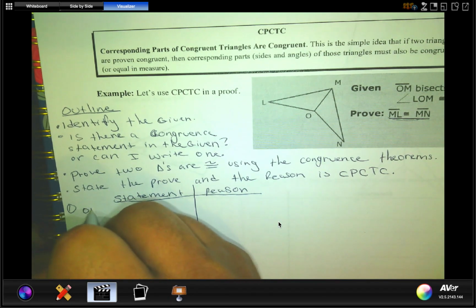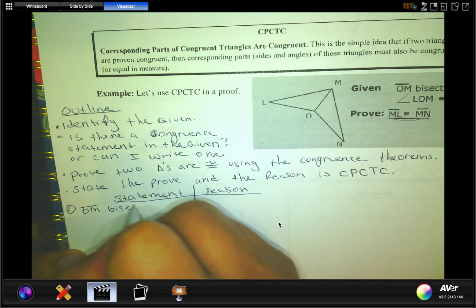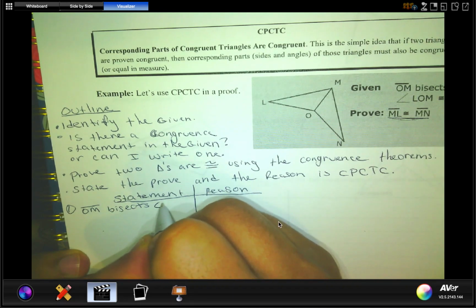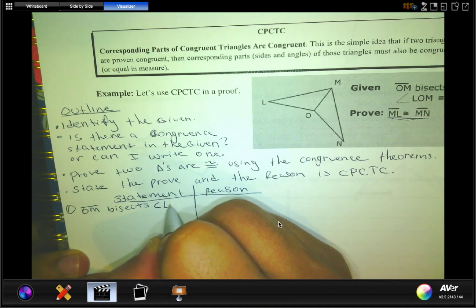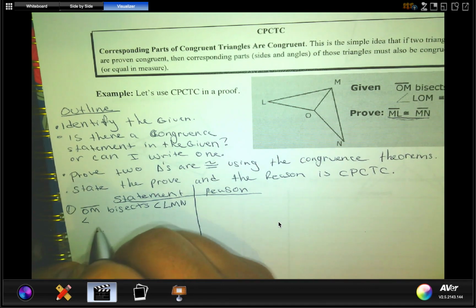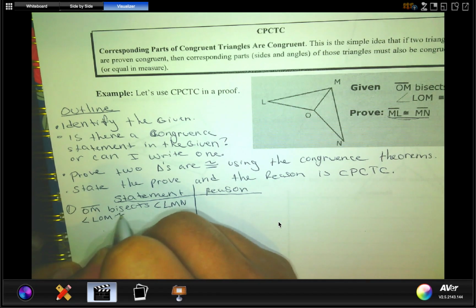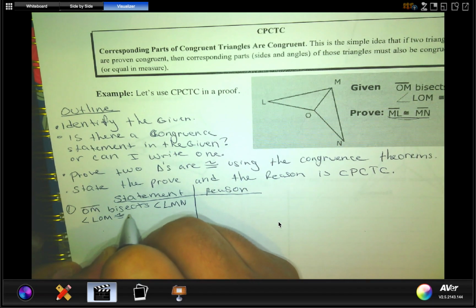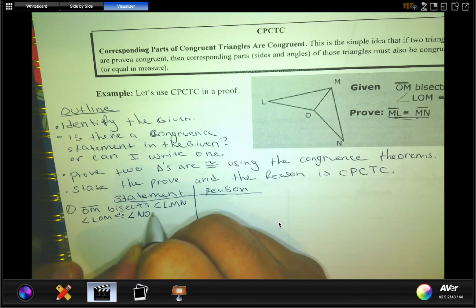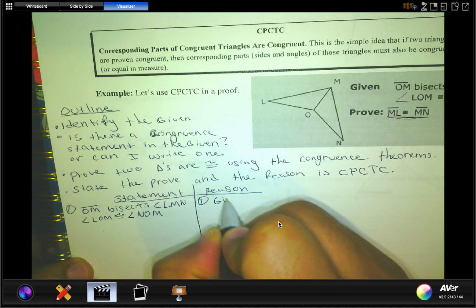I'm just going to write it, because I know that that's always the first step. And then after I write it, only then I can start to think about what it actually means, and I can start to mark up the diagram and all that stuff. So let's see. The reason here is, of course, given.